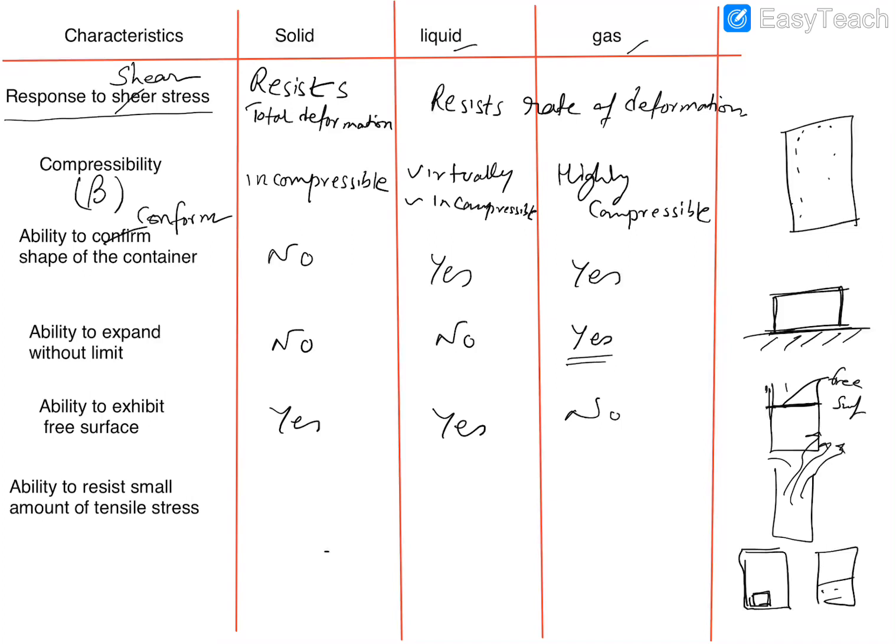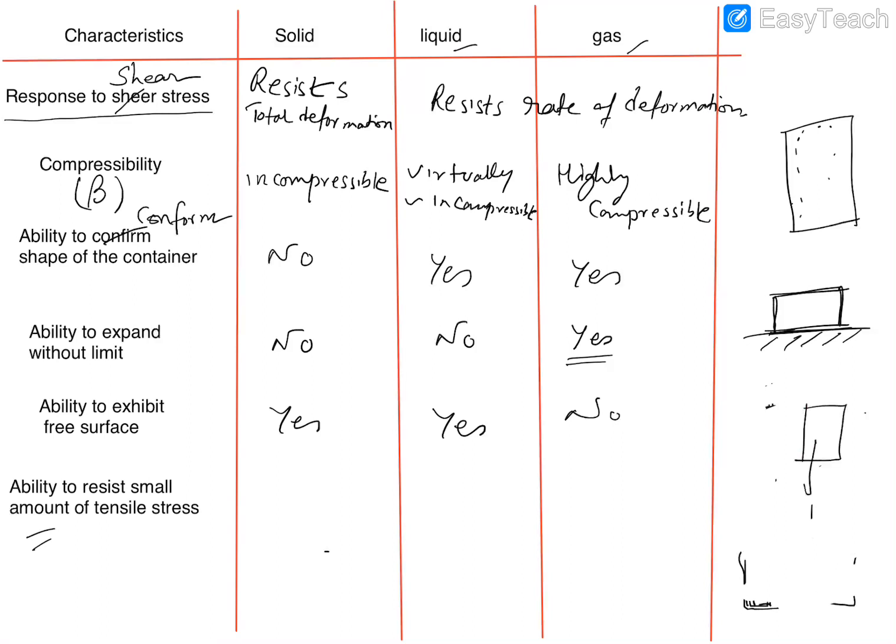And now another thing is ability to resist a small amount of tensile stress. What is meant by that? You have a body something like this, and suppose you're applying forces away from the body along its axis. When any matter is subject to this kind of condition, how is it trying to resist?